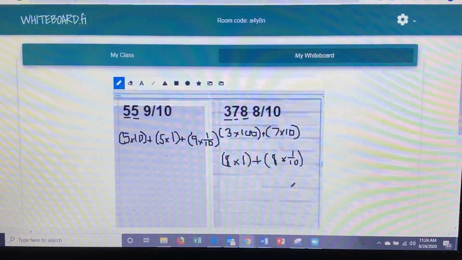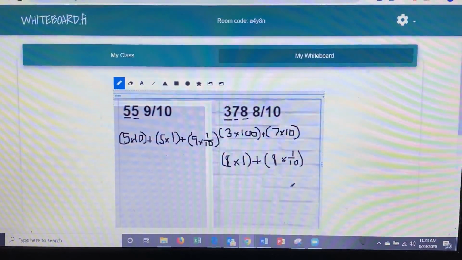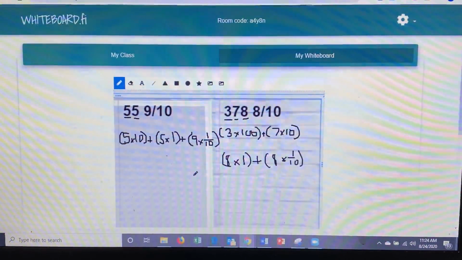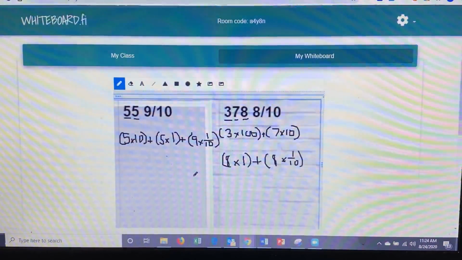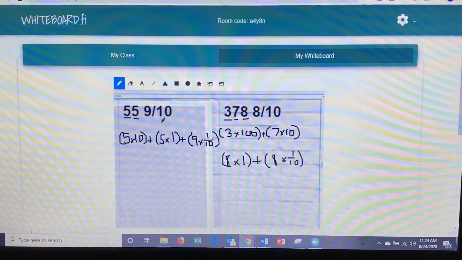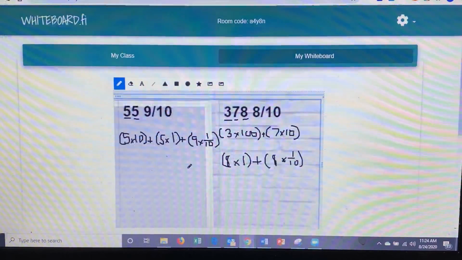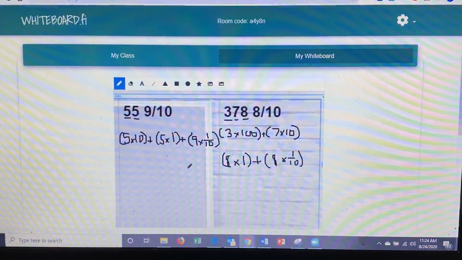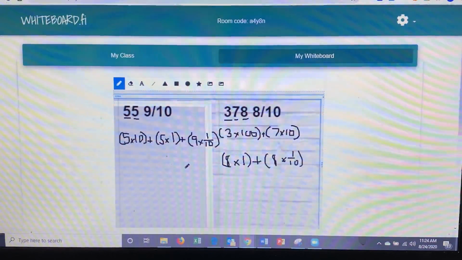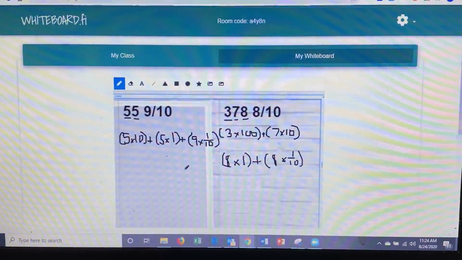Awesome job, you guys. Now, you will get a chance to practice on your own in your problem set, but this is really one of the most simple, most efficient ways to represent these mixed units, okay? Once we've gotten this far, there's still one more thing we need to do. We need to show that we can represent these numbers in decimal form.